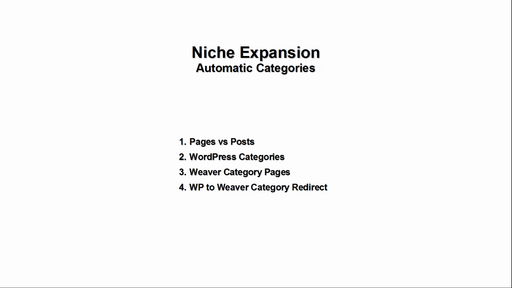Number two is you must use WordPress pages for your category pages. And number three is that you must use WordPress posts for your informational and/or your product pages.